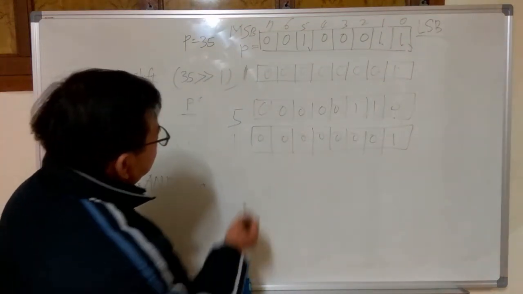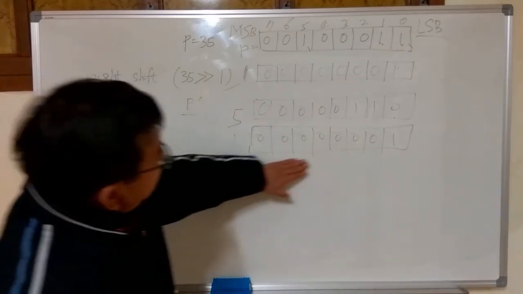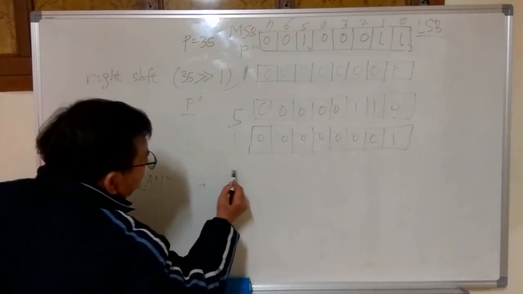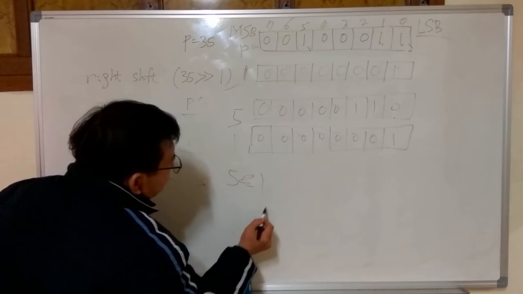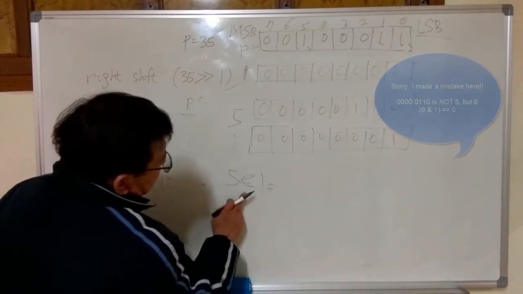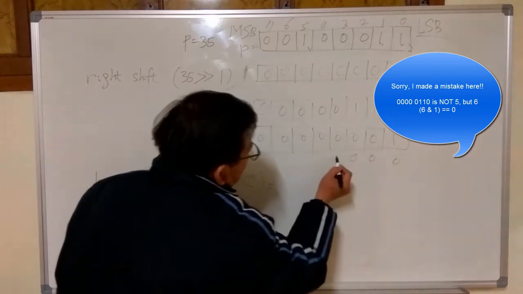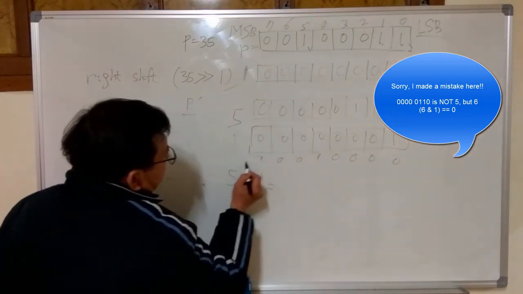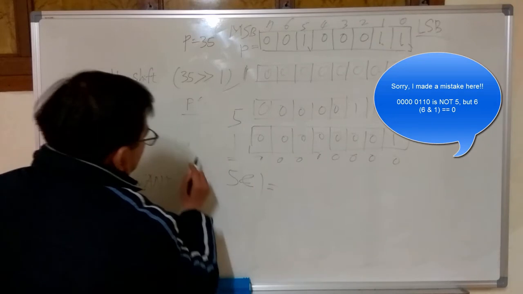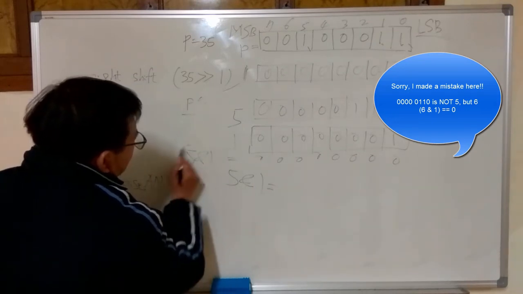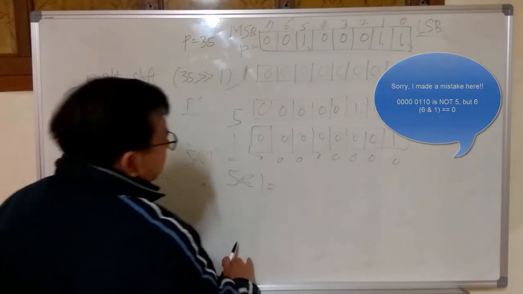One again. 5 ampersand 1 would give this result: 0, 0, 0, 0, 0, 0, 0, 0. This is 0. 5 and 1 gives 0.